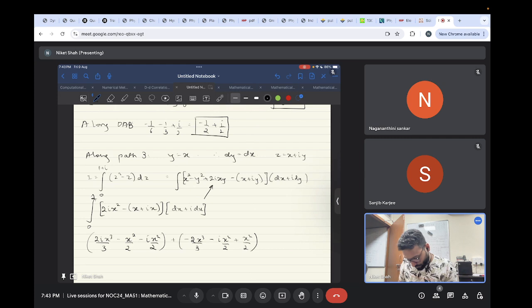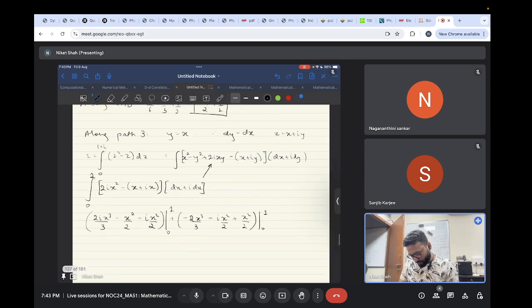Yes. So this is the integral, and this goes from 0 to 1. Even this one goes from 0 to 1. So this is equal to 2i by 3 minus 1 by 2 minus i by 2, plus minus 2 by 3 minus i by 2 plus 1 by 2. There is minus 1 by 2 and there is plus 1 by 2.